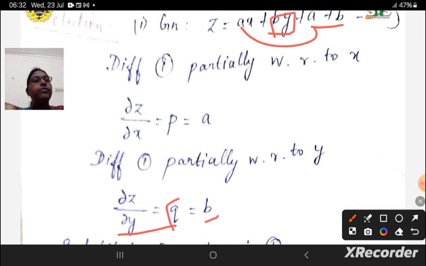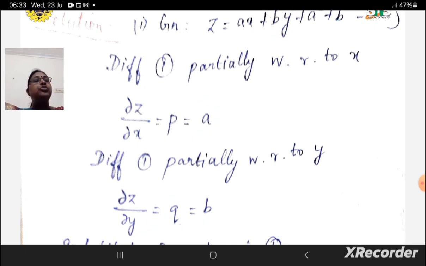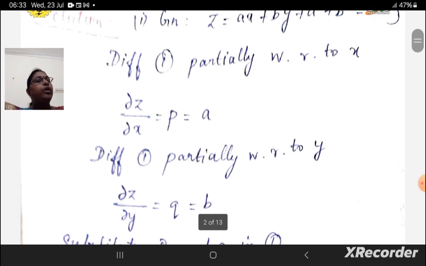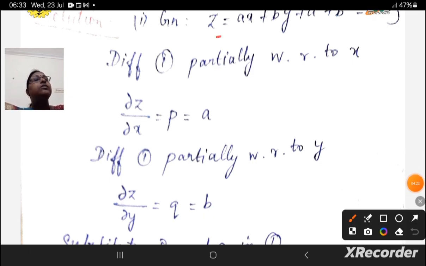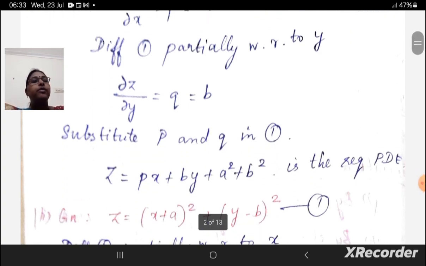So we got q = b and p = a. Substituting these two values in equation number 1, instead of a and b we put p and q.